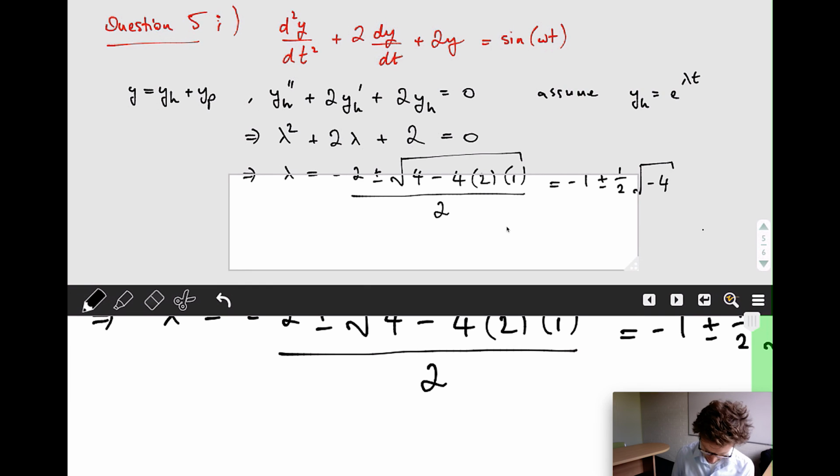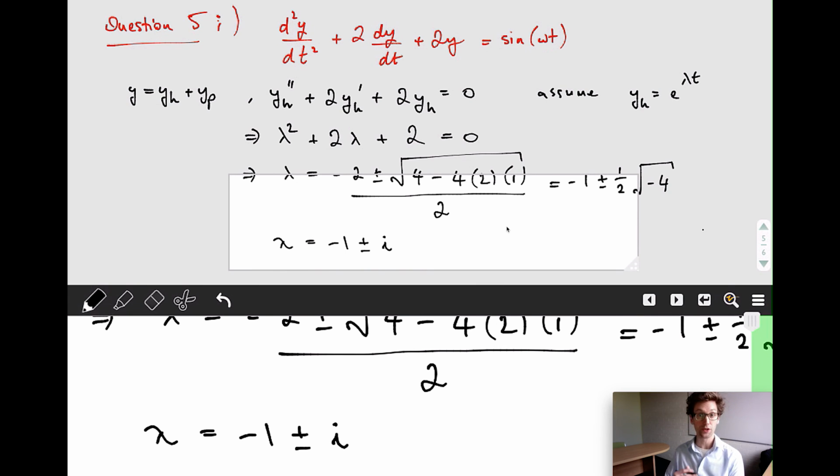So we get lambda is equal to minus 1 plus or minus i. The square root of minus 4 is 2i, and then I'm dividing by 2.